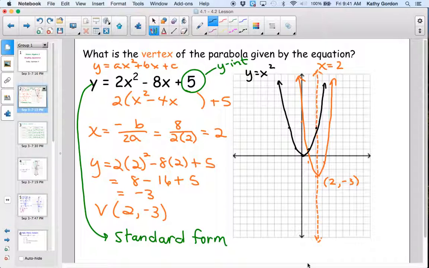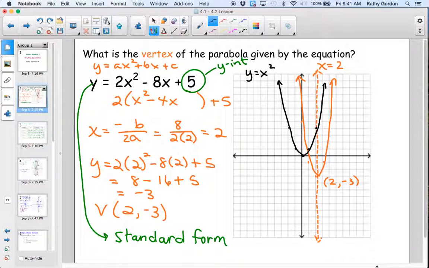What's one comparison you could make? Okay, so we moved over 2 to the right. Okay, Julian, what's another? It went 3 units down. And it went 3 units down. So we moved it to a different location.